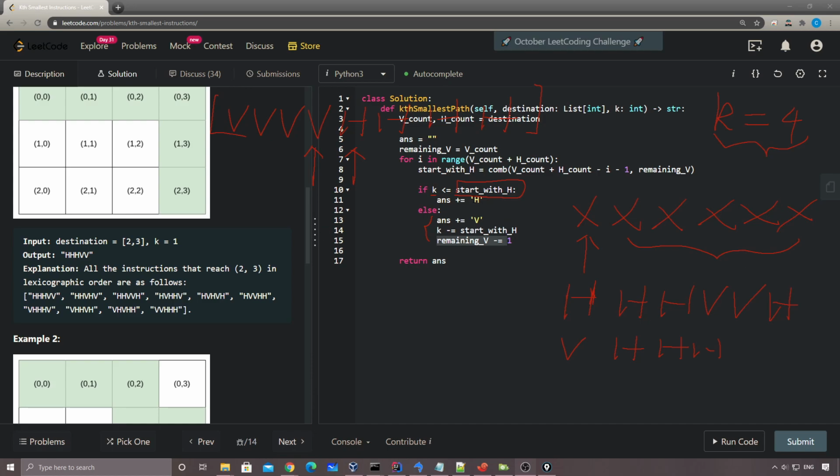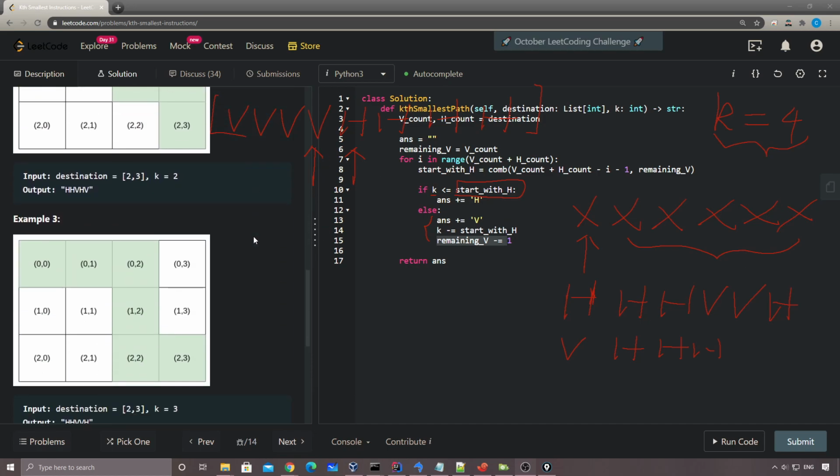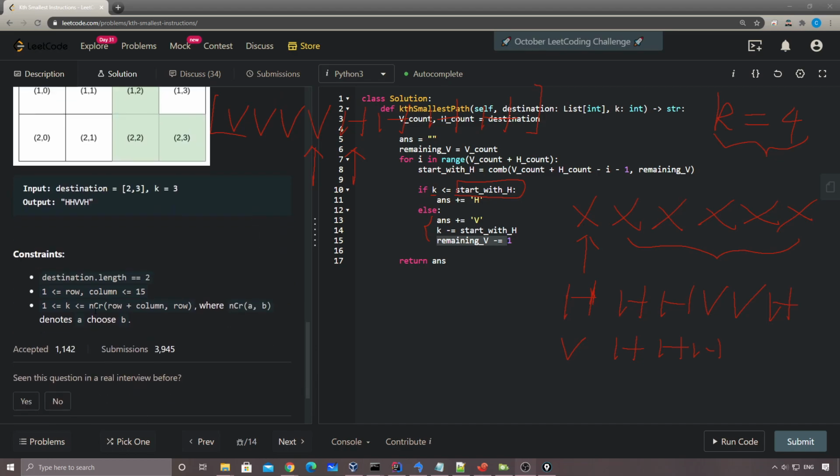I think it won't happen, because I just realized that there's a constraint here. k will not be greater than the total combinations of the rows and the columns here. So basically it won't be that case. It will always be within the range, and this will always work.